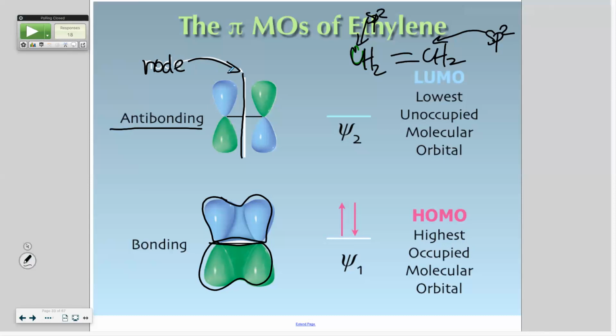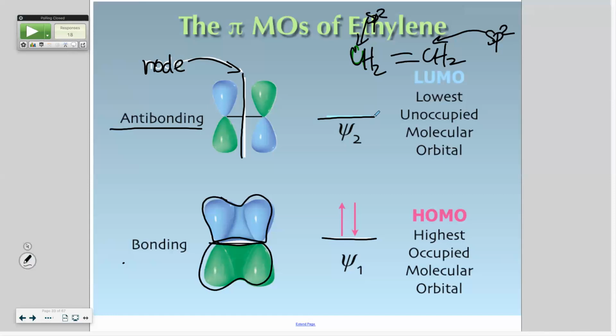The bonding orbital is lower in energy than the anti-bonding orbital, which is why it is written down here. Just like with regular atomic orbitals, only 2 electrons will go into a molecular orbital. We're worrying about, remember, the pi electrons, those 2. So one will spin one way and the other will spin the other.